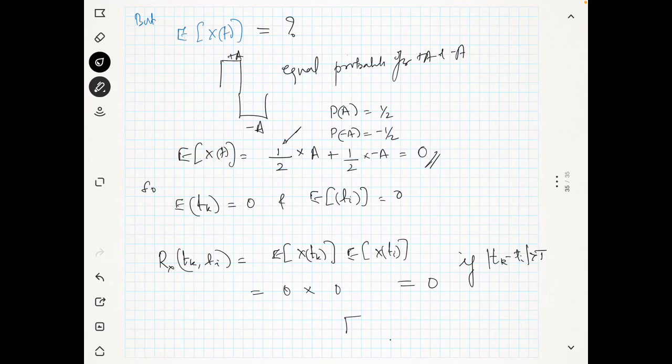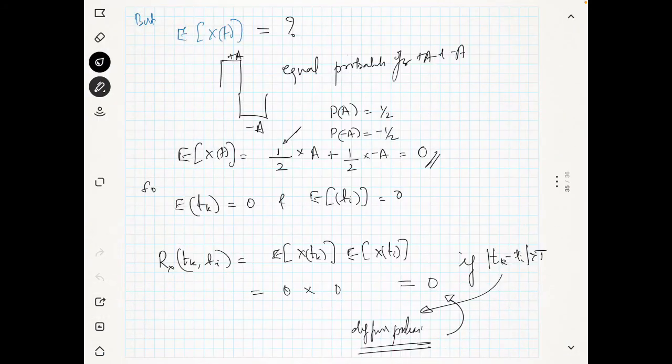That means you are observing different pulses, one is plus a and another is minus a, like this. If you are observing at two different time instances, Tk and Ti, and the difference between these is greater than t, then both are in different pulses. If this condition is satisfied, the autocorrelation function is equal to 0.